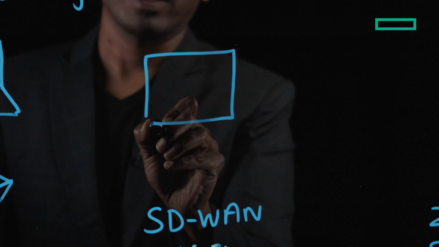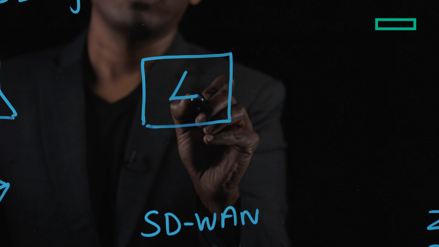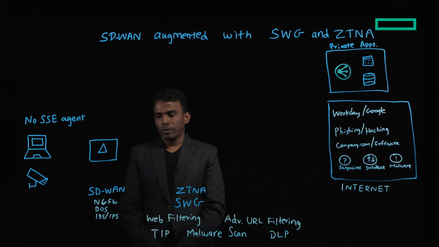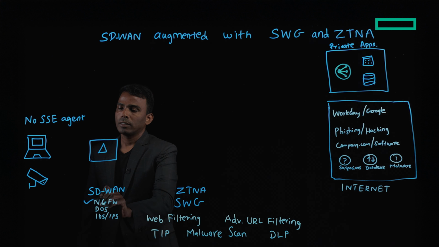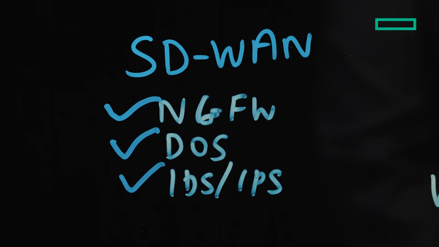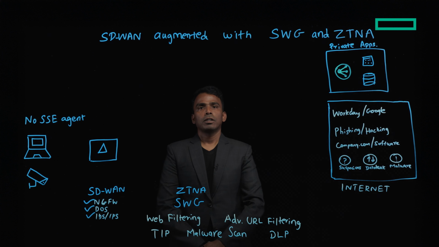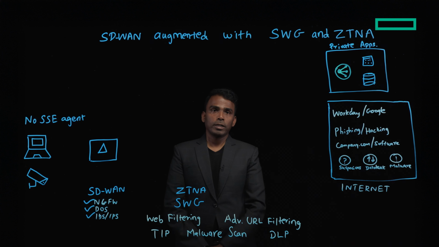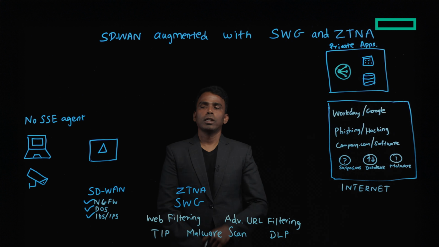This SD-WAN gateway here, being a full-fledged next-generation firewall, inspects all traffic, blocks any unwanted connections, and provides defense against common cyber attacks like denial of service or intrusion attempts. Overall, providing a solid defense against traditional threats. But when it comes to advanced web-based threats, especially those hidden behind encrypted traffic, we need more.